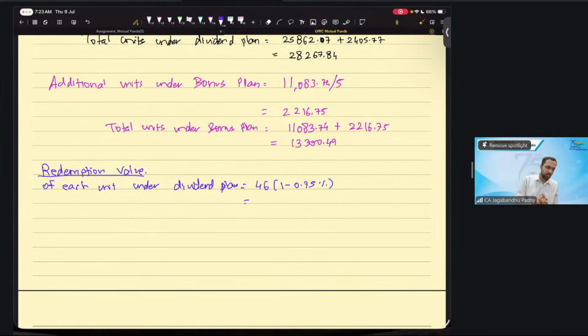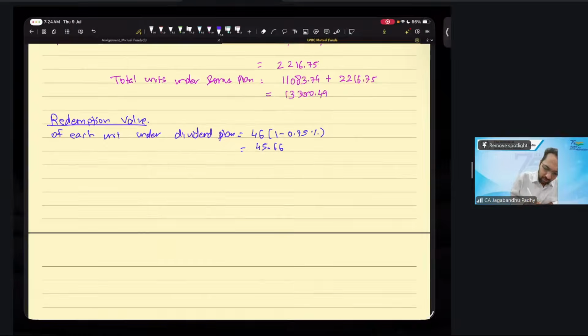That's 45.65, or 45.66, let's take it since it goes as 666. So 45.66 is the redemption value of each unit.